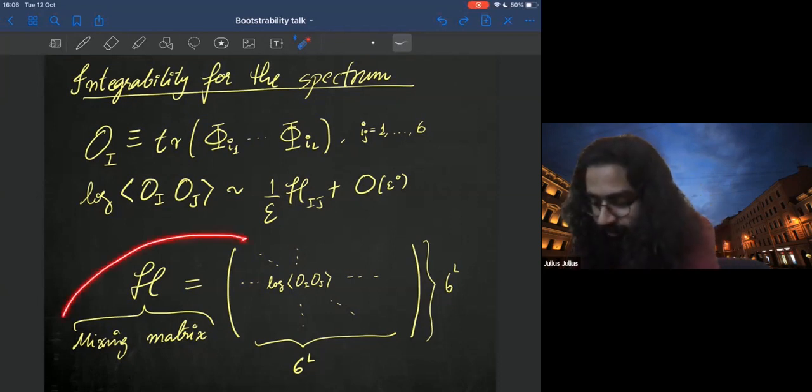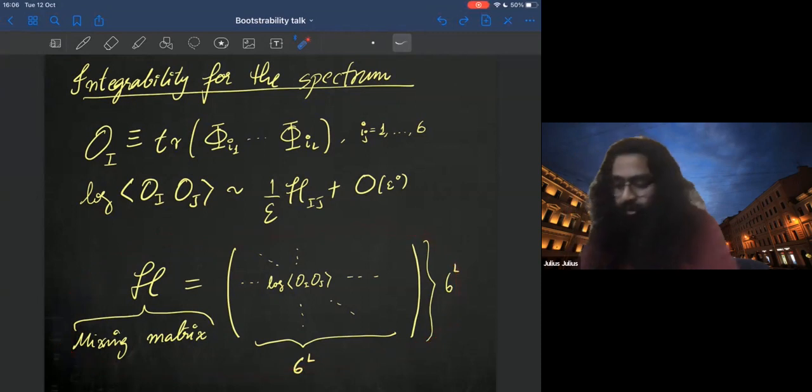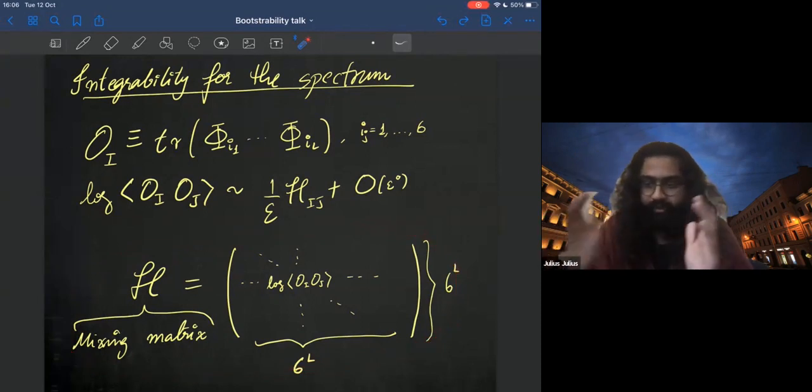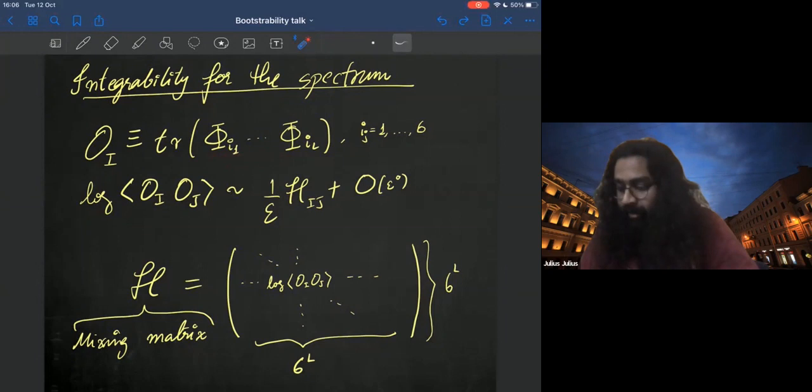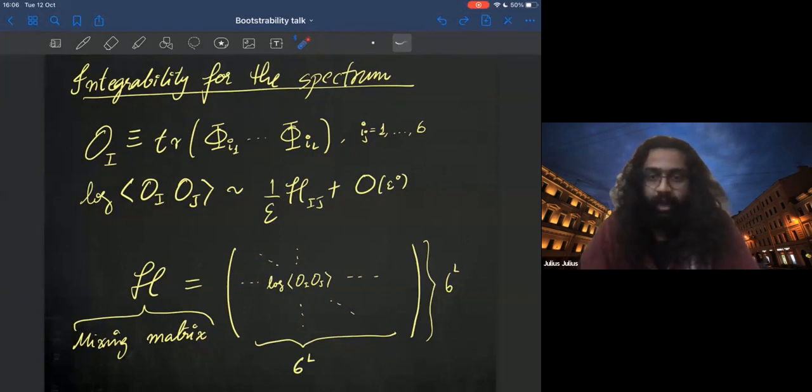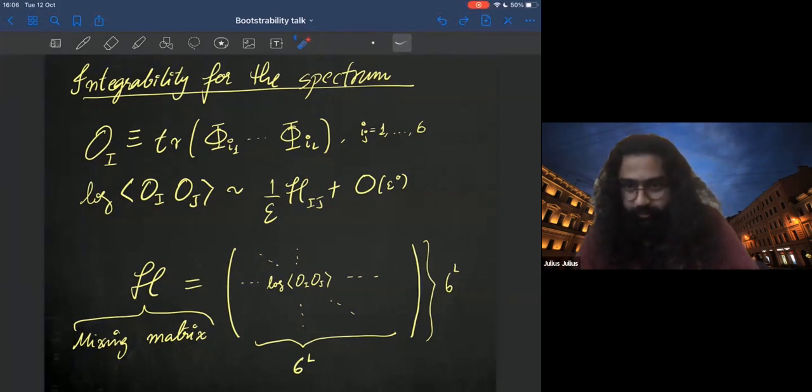In fact, we have a whole mixing matrix full of possible correlators between different choices for the scalars, of size 6^L by 6^L, which we would have to compute if we want to understand how to renormalize these operators. So to renormalize these scalar operators, you construct this 6^L by 6^L mixing matrix, each matrix element is a Feynman integral which you want to calculate, and then you want to diagonalize the matrix.